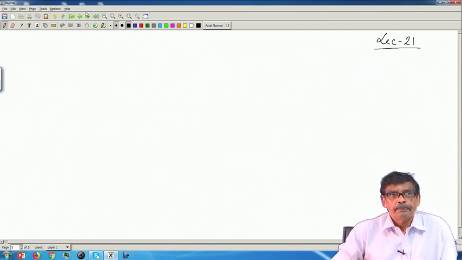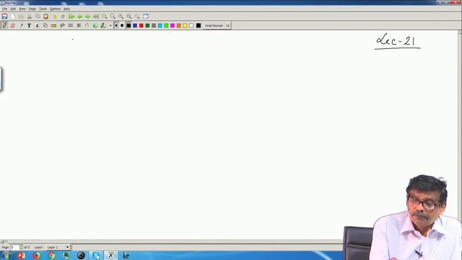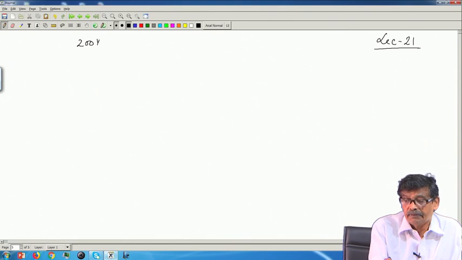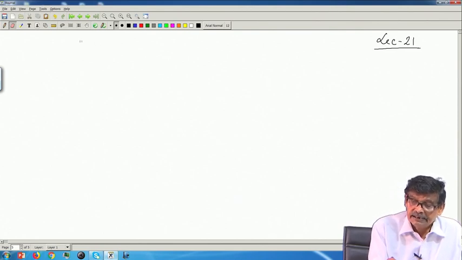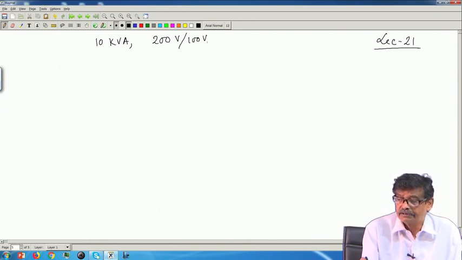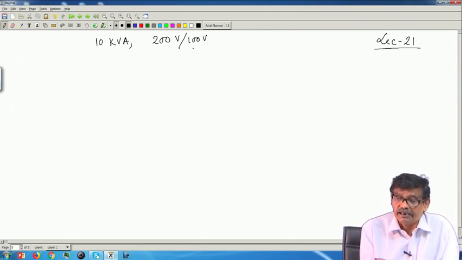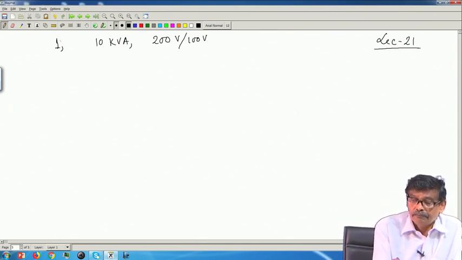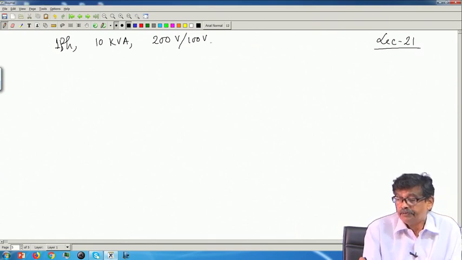Suppose I take a simple example: a single phase transformer, 10 kVA, 200 volt, 50 hertz, just so that we play with the numbers to easily understand what I mean.